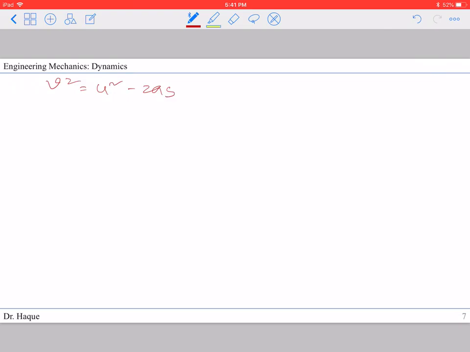We selected this equation because we know the initial velocity, and we know the maximum s could be 20 meter. We are looking for the minimum acceleration that will stop the car exactly at 20 meter.